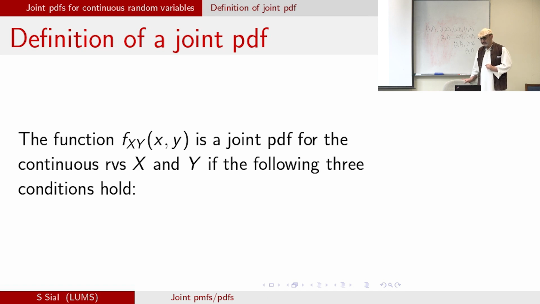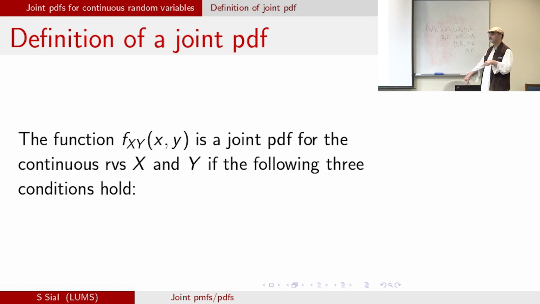Now, what properties should our joint PDF have? The probability should add to 1. The probability densities should be greater than or equal to 0.